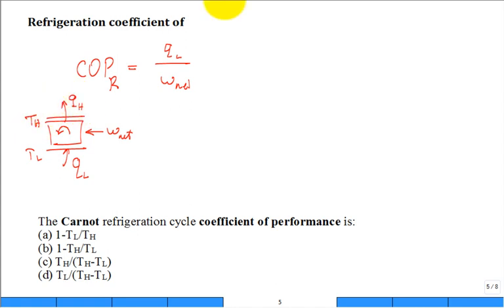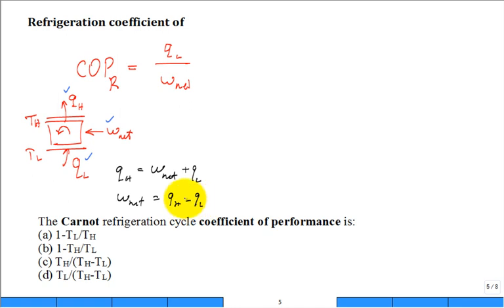What is the relationship between these energy transfers? From the conservation of energy, is QH equal to W net in plus QL in? Sure. And so you could replace W net by QH minus QL.